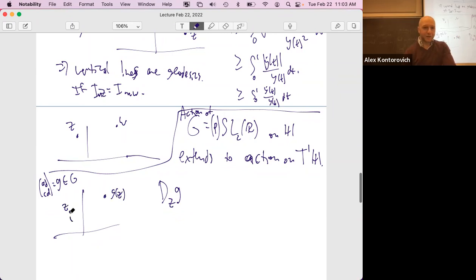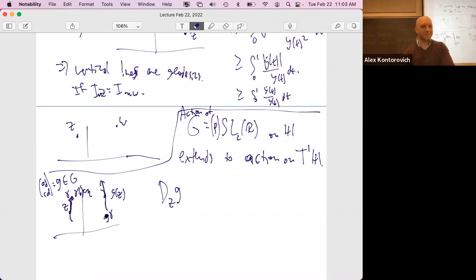And I had some curve gamma that went through Z. So what happens to gamma, G moving all of gamma? The derivative used to be gamma prime of 0, which was my eta. So now I have a point and a tangent vector, and I want to know what this new tangent vector is.